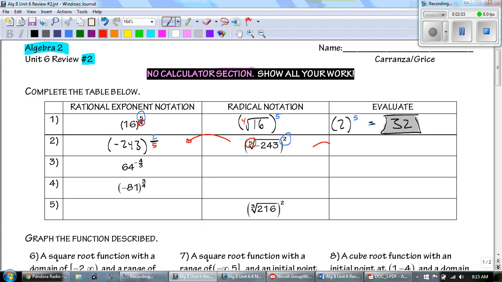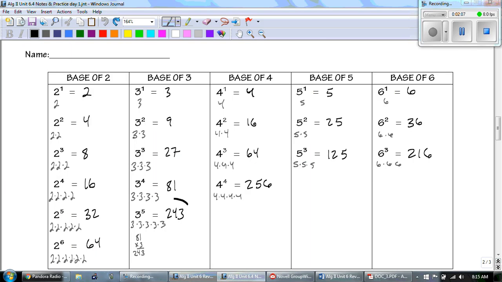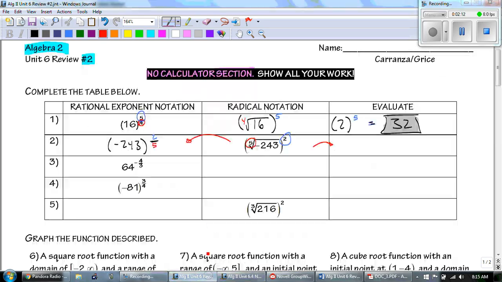Okay, so now going this direction, negative 243 to the 5th power, it's not just 3, it's going to be a negative 3. And then negative 3 squared is negative 3 times negative 3, which is positive 9.